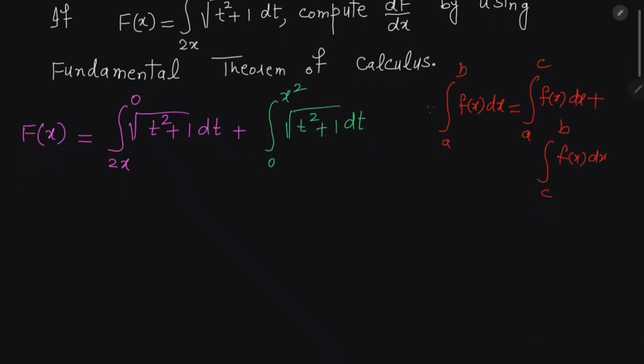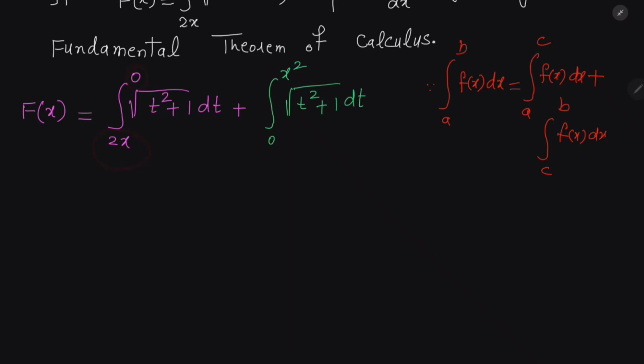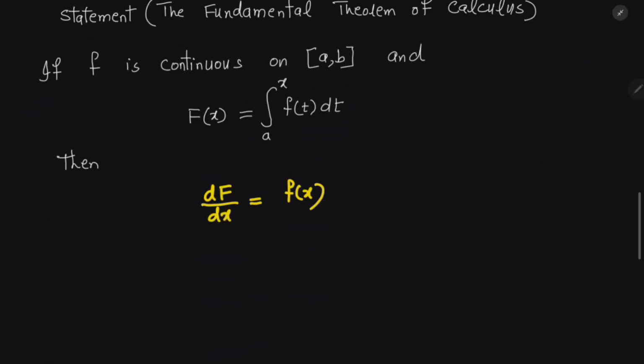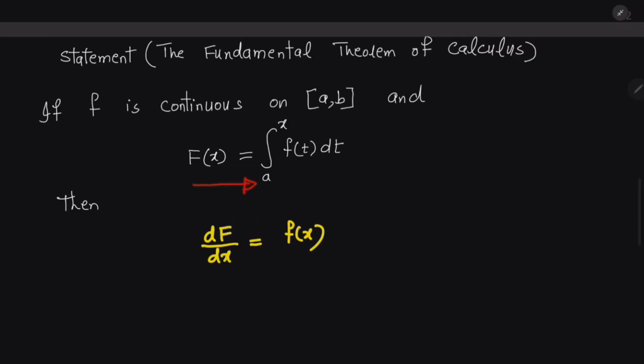Now the next thing we want to do is change the limit. The second integral has a constant lower limit and a variable upper limit, but in the first integral the lower limit is variable and the upper limit is constant, and the fundamental theorem of calculus says that the lower limit should be constant.